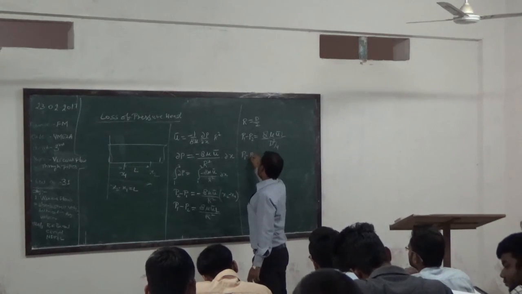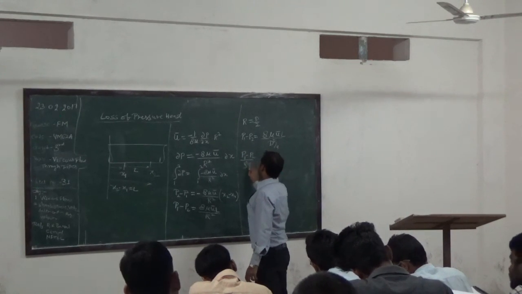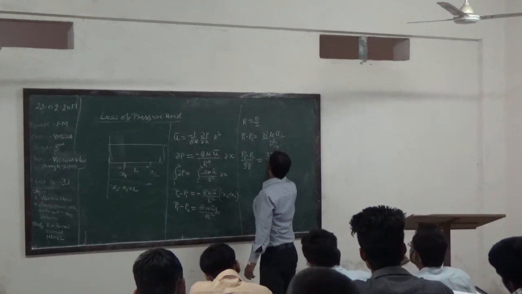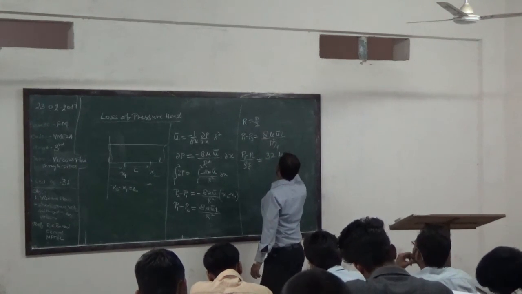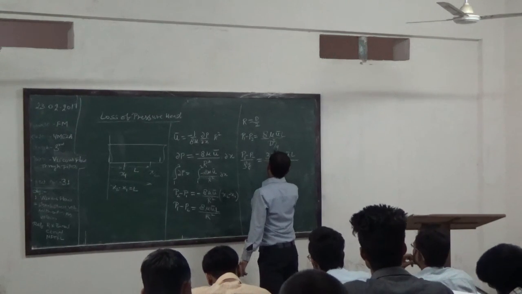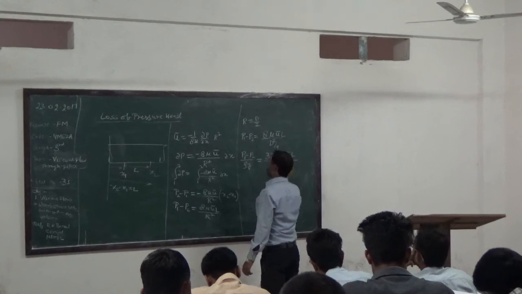So P1 minus P2 divided by rho g is equal to 32 mu u bar L divided by rho g d square.